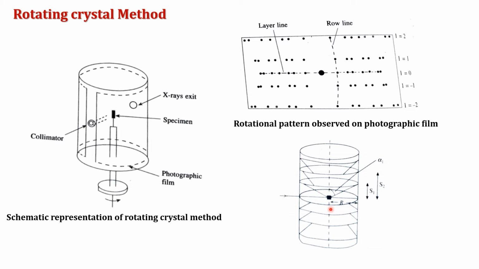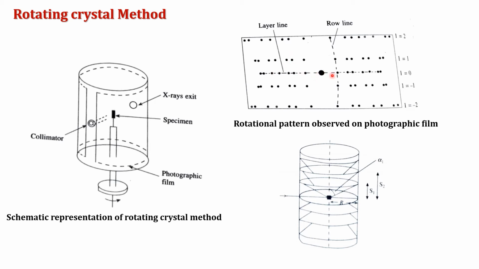All the cones have different orders of diffraction, surrounding the rows of the atoms. These cones are responsible for the formation of the layer lines in the rotation photograph.